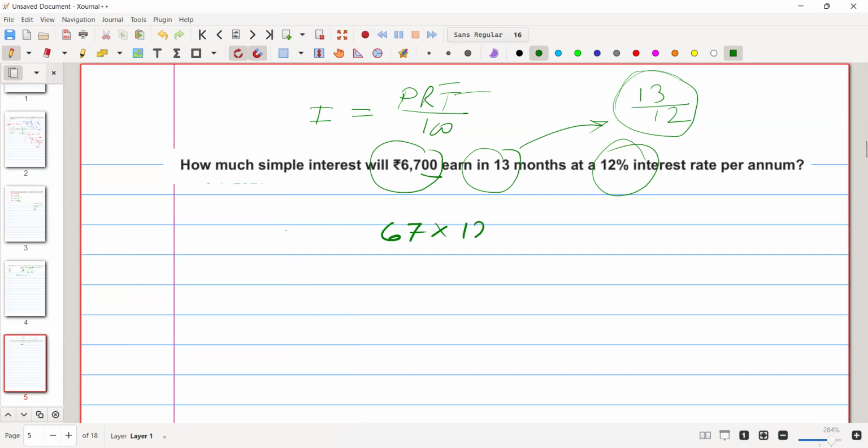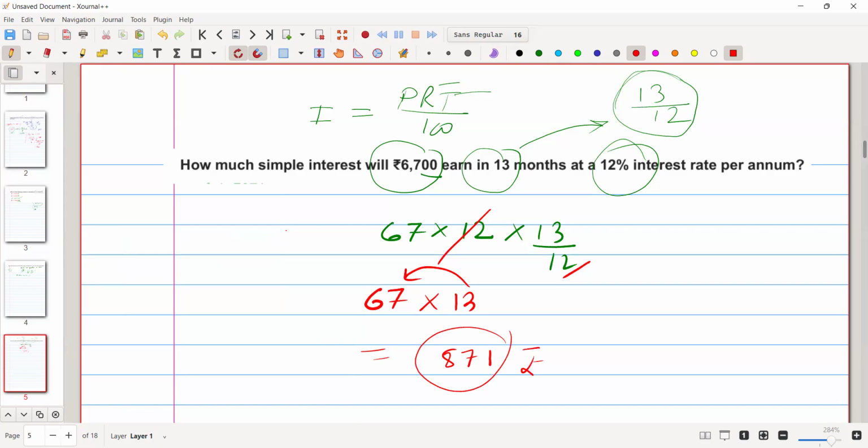Then put 12, and then 13 by 12. So these are the values. After cancellation, we need to calculate only 67 multiplied by 13. So just multiply it. The value will be this one, that means 871. So this is the answer.